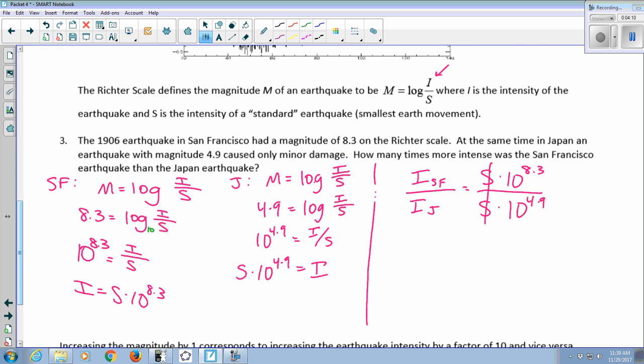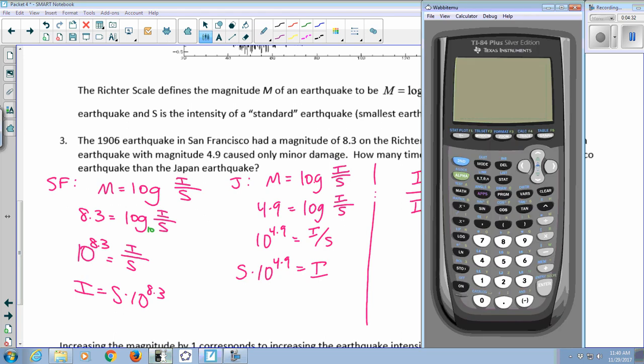My S's cancel, so that's why it didn't matter that I didn't know what they were. And now I'm dividing like bases, so I'm just going to subtract the exponents. So 8.3 minus 5 would be 3.3, but I'm only taking away 4.9, so 3.4. 10 to the 3.4 times as intense.